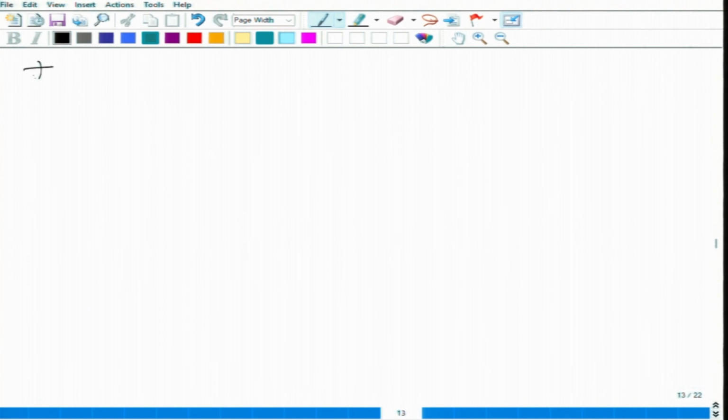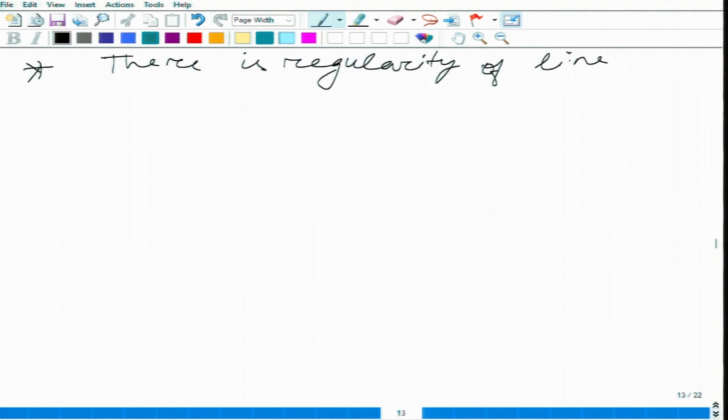And the second feature was the regularity of line spectra of each element.